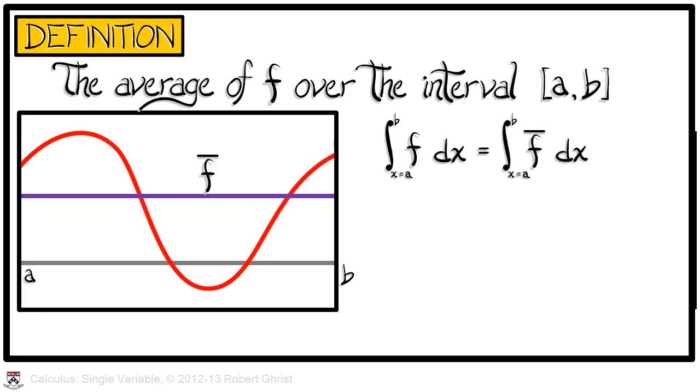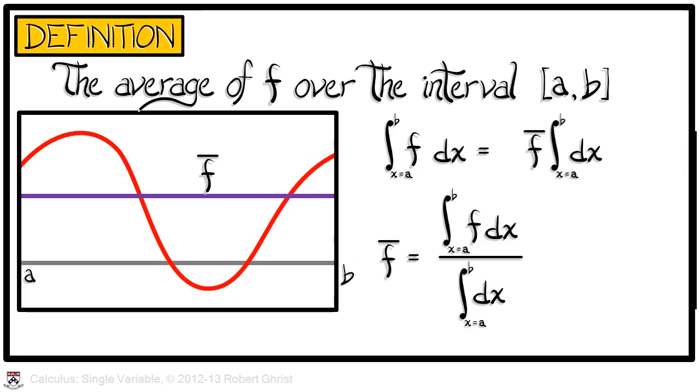Integration is linear, so we can move the integral of f bar over to the right-hand side, but by definition, f bar is supposed to be a constant, just a number, so we can pull it outside of the integral. And now, solving for f bar, we get the integral of f dx over the integral of dx, both integrals running from a to b.